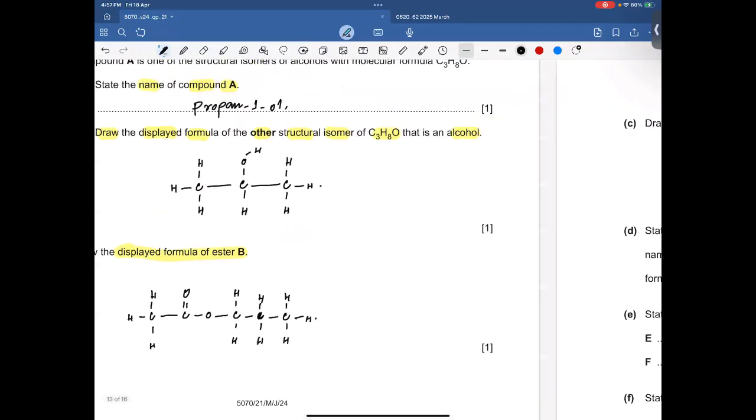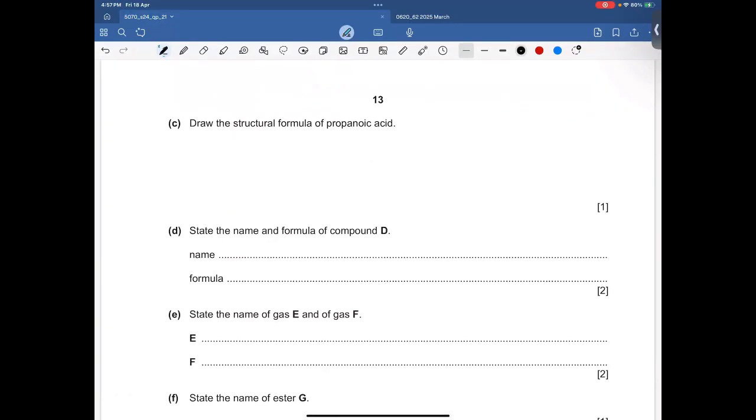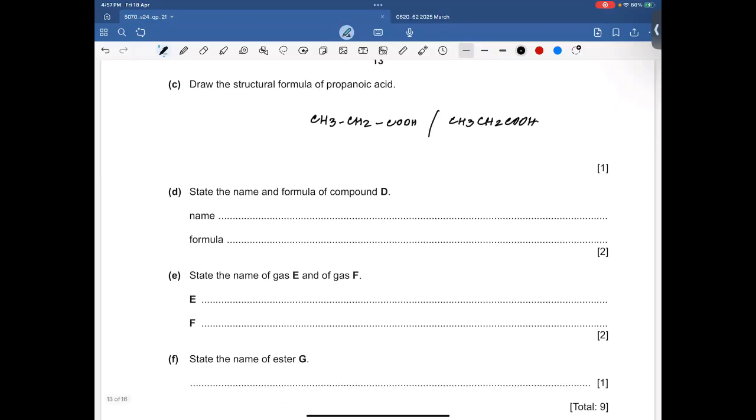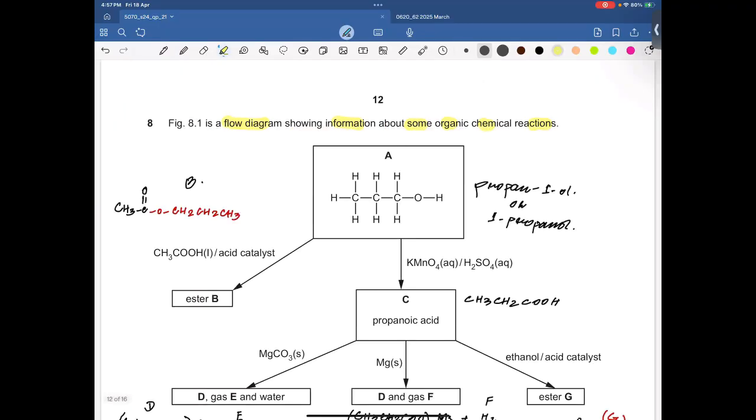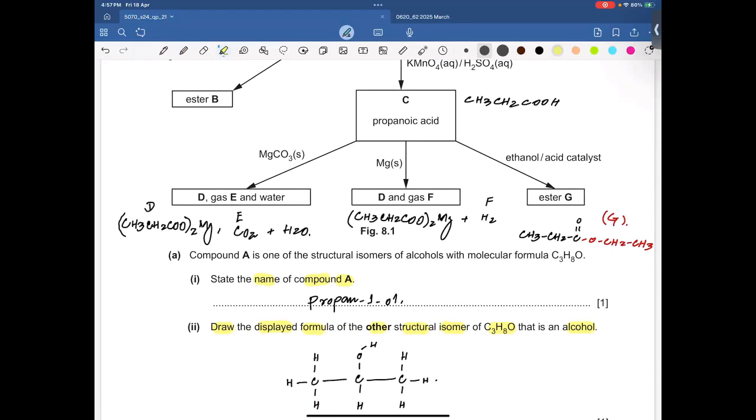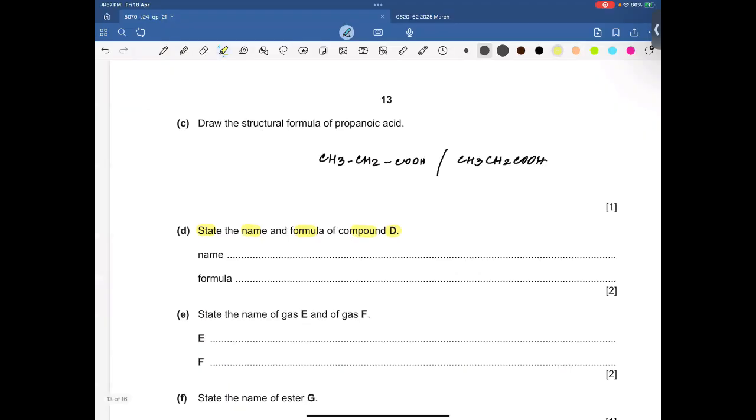Okay. Draw the structural formula of propanoic acid. Structural formula of propanoic acid is CH3, CH2, COOH. आप इस तरह से भी लिख सकते हैं CH3, CH2, COOH. Okay. State the name and formula of compound D. Compound D is magnesium propanoate.